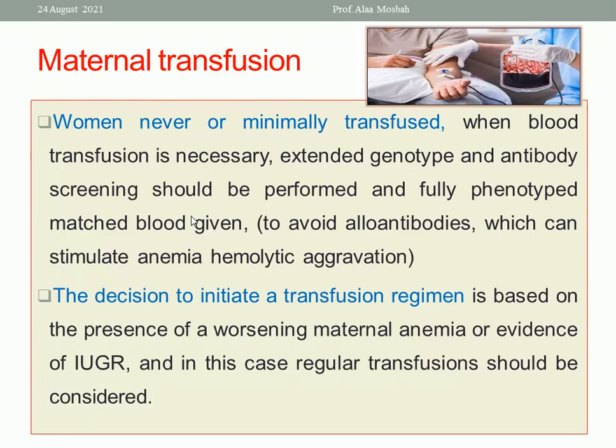Women never or minimally transfused. When blood transfusion is necessary, extended genotype and antibody screening should be performed and fully phenotype matched blood given. Why? To avoid alloantibodies which can aggravate the hemolytic anemia.